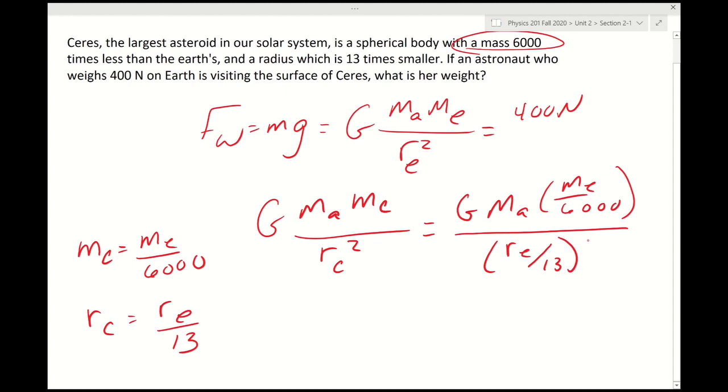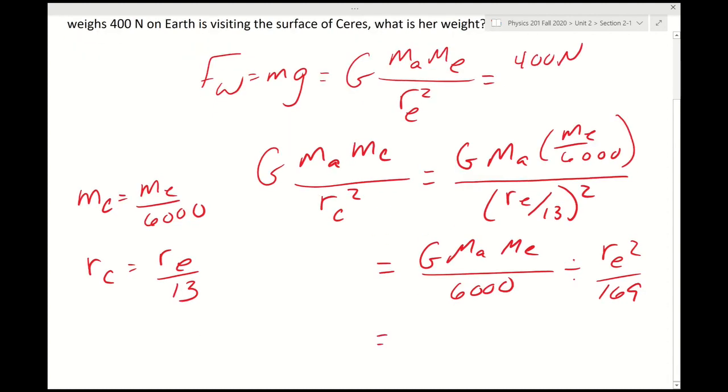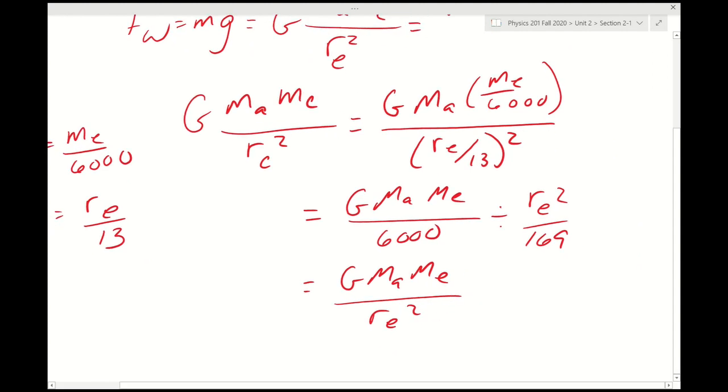This is 400, not 406. It's 400 newtons. So that means her weight on Ceres is going to be approximately 11.3 newtons.